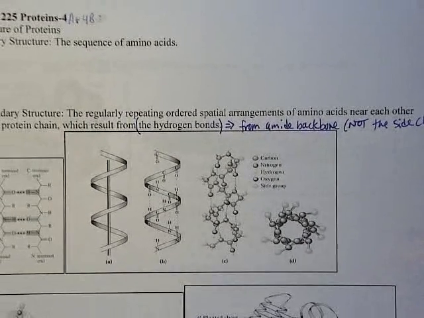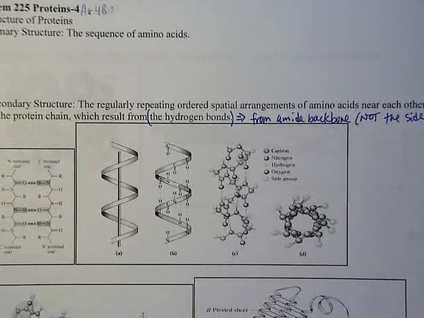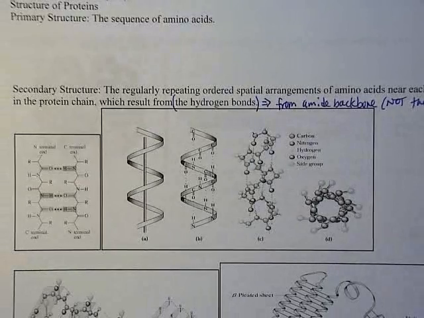It's a regularly repeating ordered arrangement, and there are two types that you're familiar with. One is called alpha helix, and the other one is called beta sheet. I'm sure you've heard of those before.